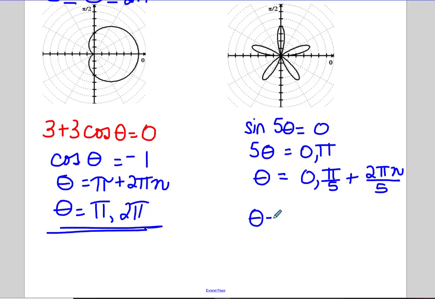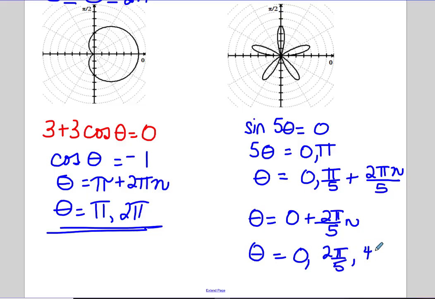Substituting in the first one, 0 and then 0 plus 2/5 of a pi, solving that expression, we're going to find that we have 0, 2/5 and 4/5.